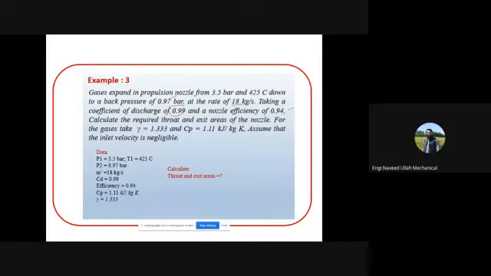You can see that the losses are very small. Okay, calculate the required throat and exit area. Throat, I should say AC, and exit area, that is A2. ठीक है, you need to find out these. For the gases, take gamma is equal to this and Cp is equal to this. Assume that the inlet velocity is negligible.